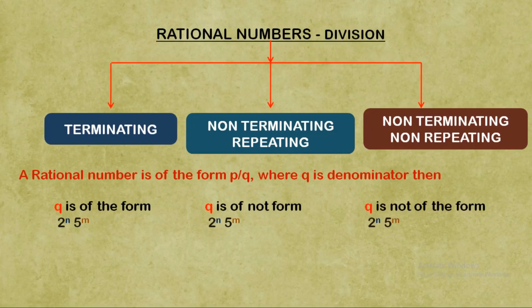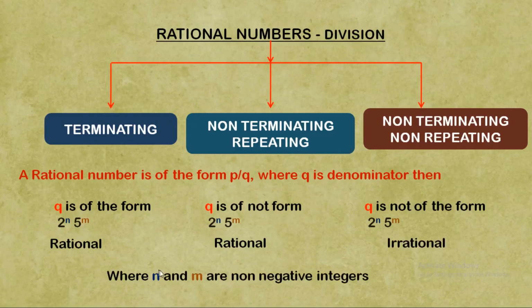And non-terminating, non-repeating is also not of that form, 2 power n into 5 power m. Then this terminating decimal will become a rational number, definitely, and a non-terminating repeating is also a rational number, and the non-terminating, non-repeating will become irrational numbers, where n and m are non-negative integers.